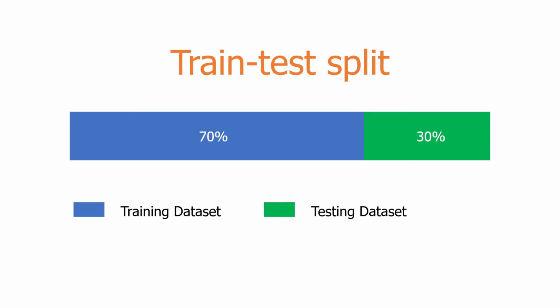You can split your data however you want. This is just a rough figure. You can split it either 60 to 40 or 70 to 30, any way you want, and that really does not matter. So I will go to my Jupyter notebook and see an example of how to split the data into training and test sets and how to do the evaluation.